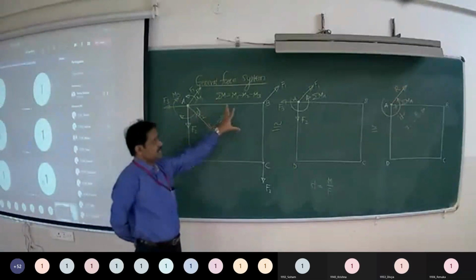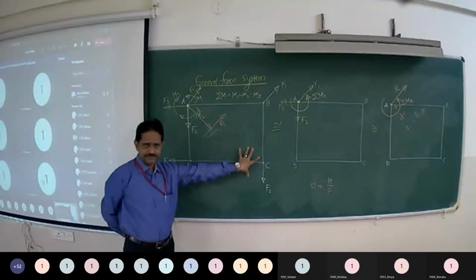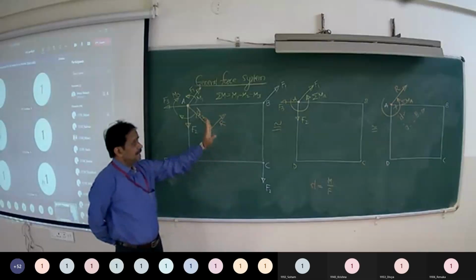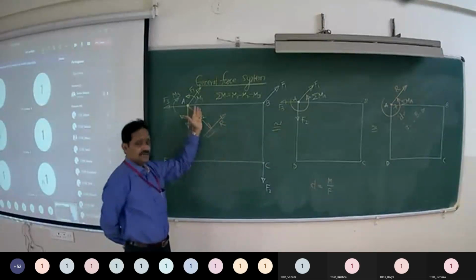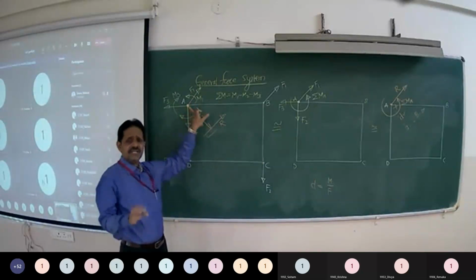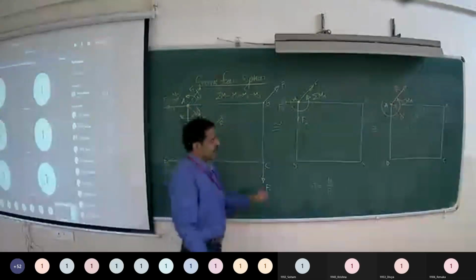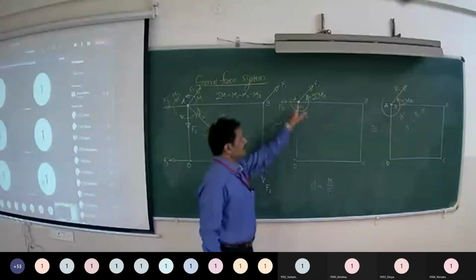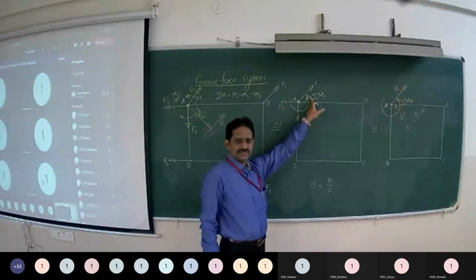The given system is a non-concurrent, non-parallel force system, right? By transferring all the forces parallelly from their respective positions to any reference point, let us say A, we are converting the given system into a concurrent force system and a resultant moment.